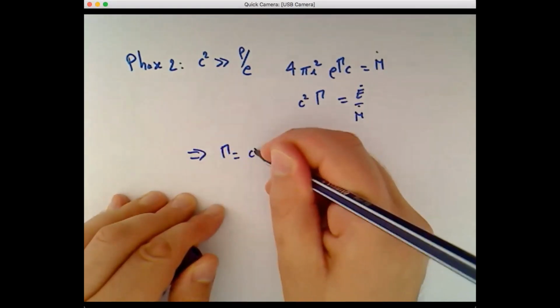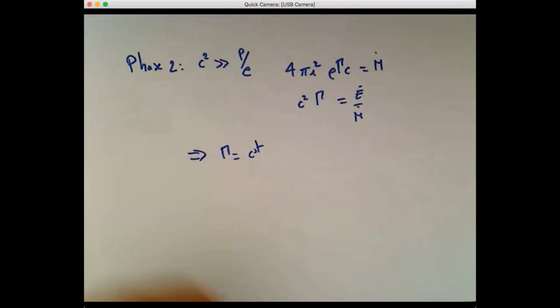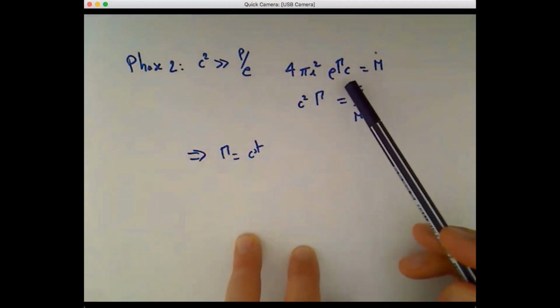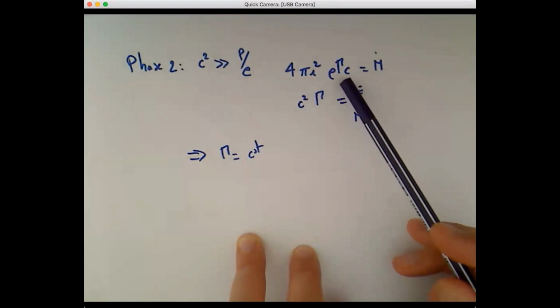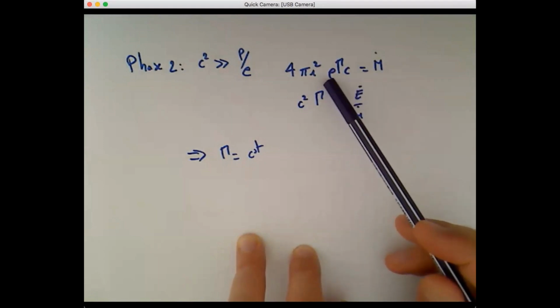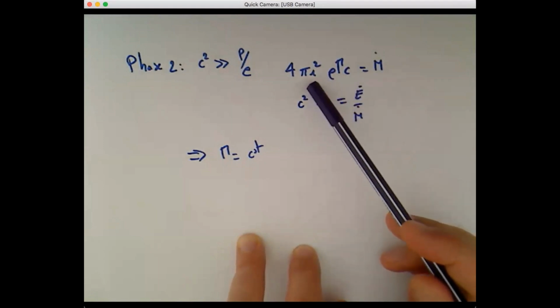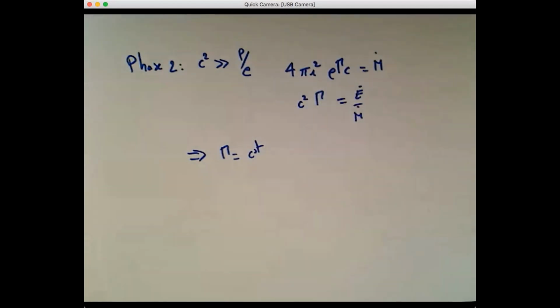Gamma is a constant, which means that acceleration is finished. I have converted all my internal energy into kinetic energy, and now I'm just evolving with a spherical expansion with a constant Lorentz factor. In this case, it's easy to see from this equation that the density is now decreasing only like 1 over R squared. So it's a very simple theory.